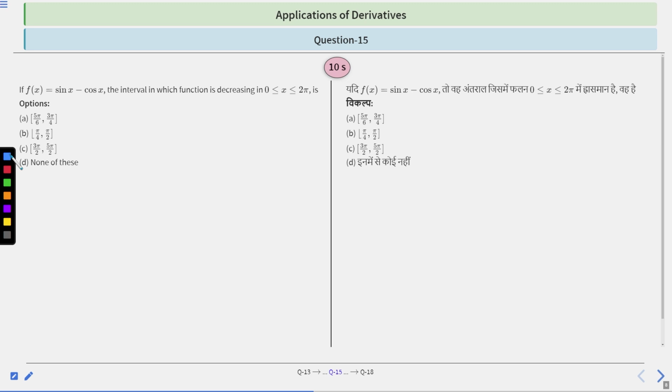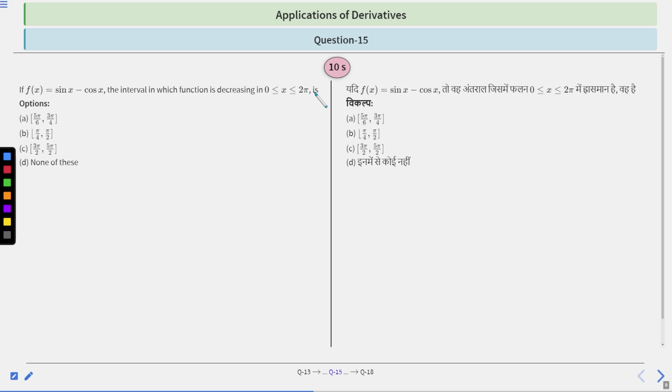Let's move to the next question, question number 15, which says if fx is equal to sin x minus cos x, the interval in which function is decreasing in 0 to 2 pi is, right. So again, the hint of this question is we are given fx, clear.